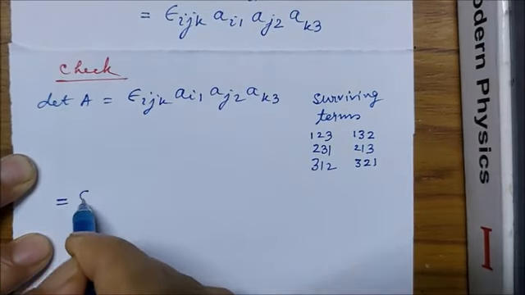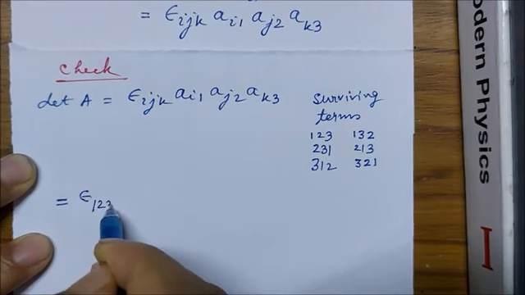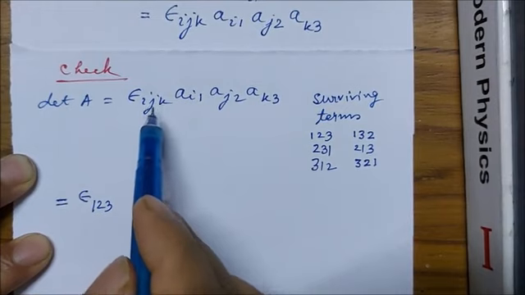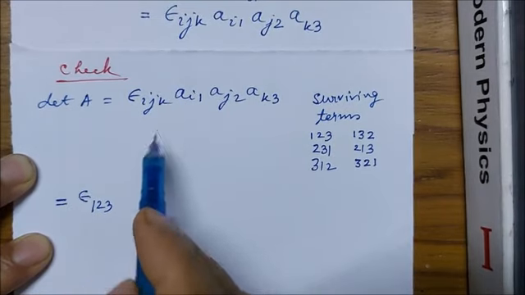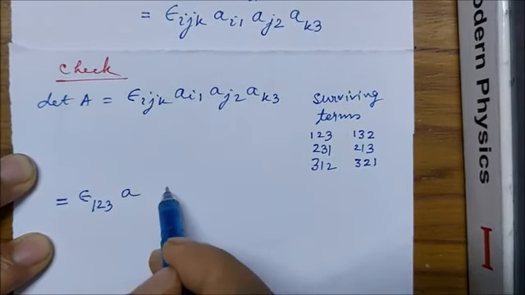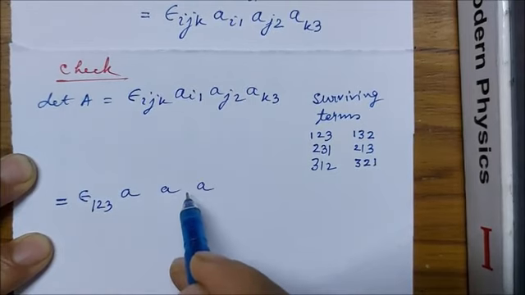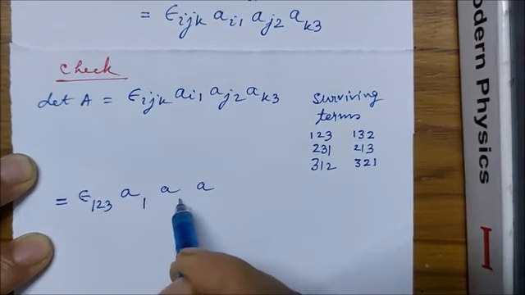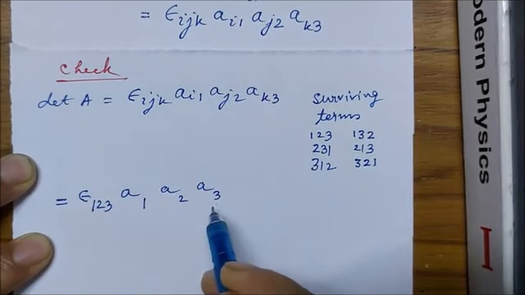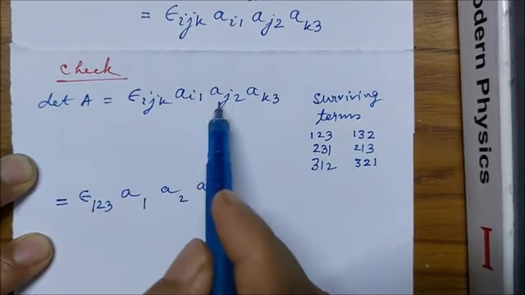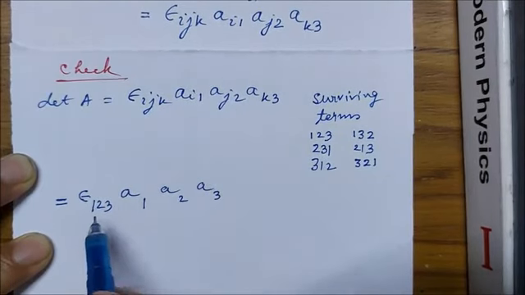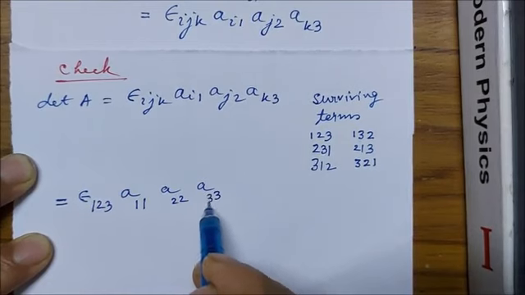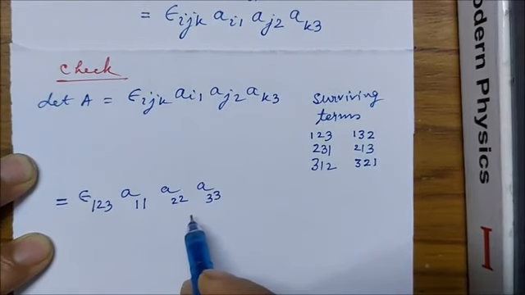So we'll start with epsilon 1, 2, 3, which means I is 1, J is 2 and K is 3. And there are 3 A's. The rightmost ones are 1, 2, 3. And the left ones are I, J, K, the values of which here are 1, 2, 3. So we have written down the first term.